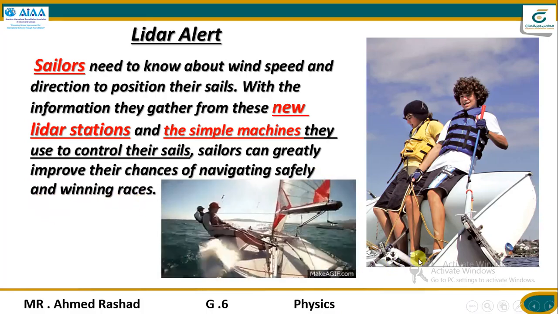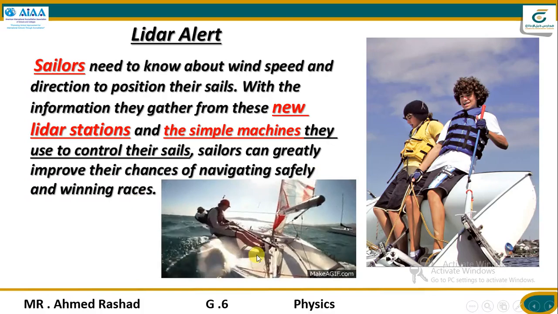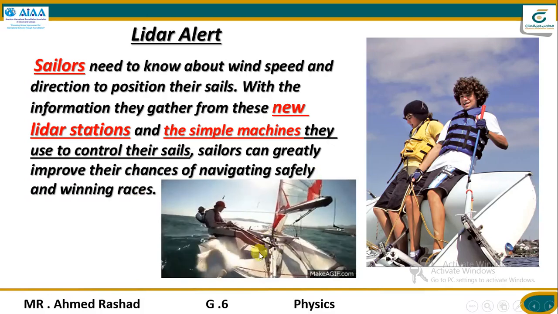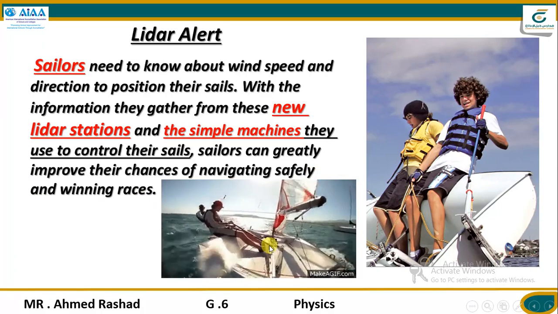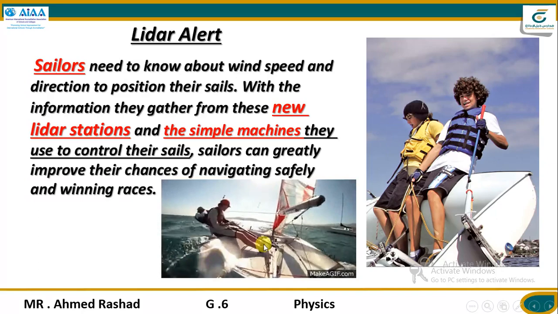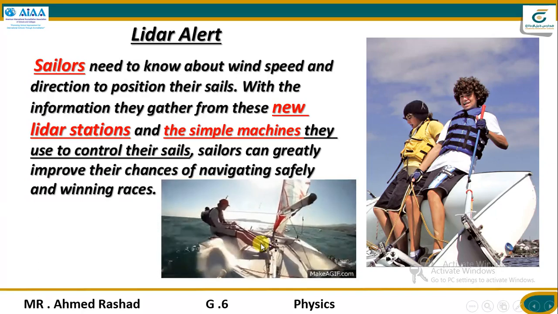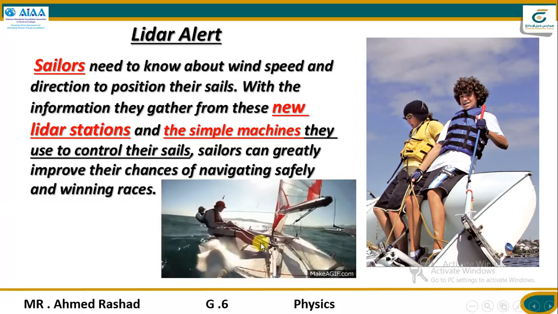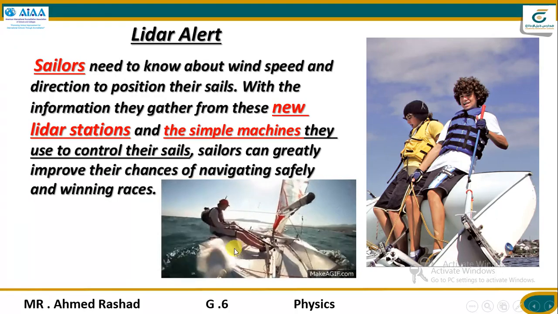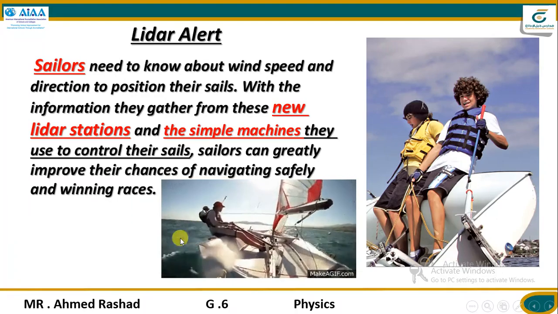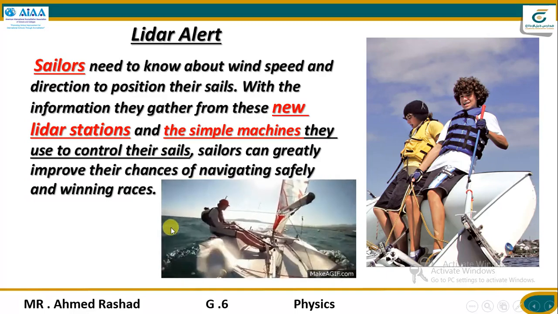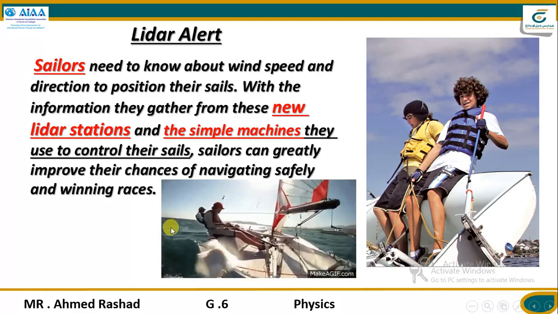Here you can watch some examples of simple machines working together to make handling the sails easy, or make the navigation safe. These are examples of simple machines like a pulley, such as a movable pulley or a fixed pulley.